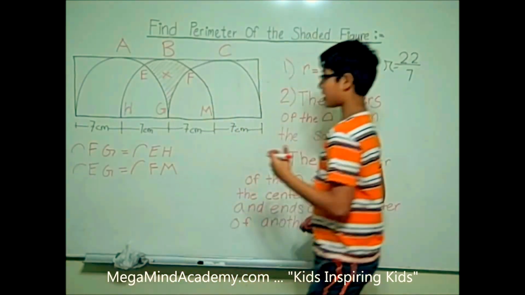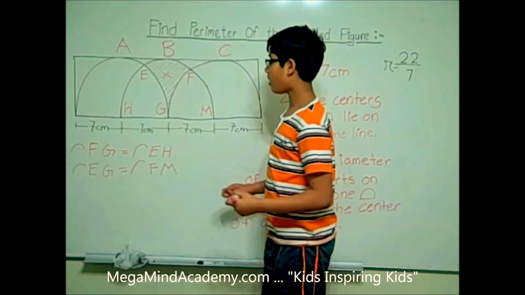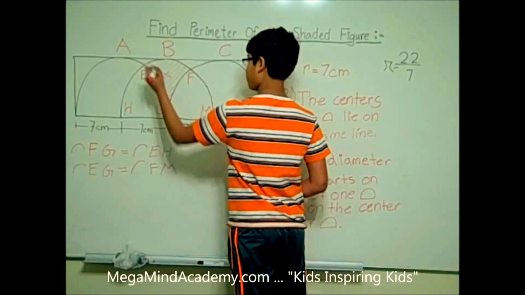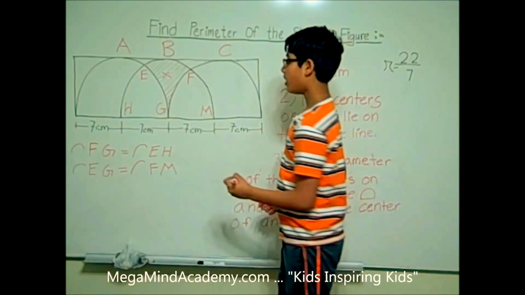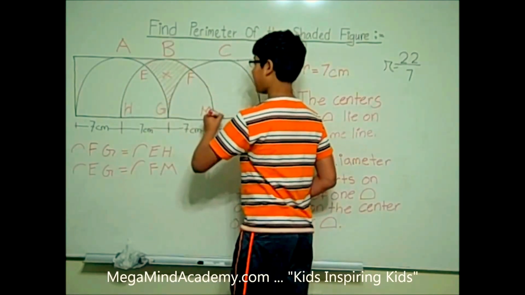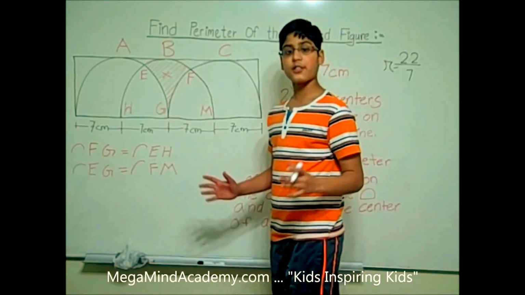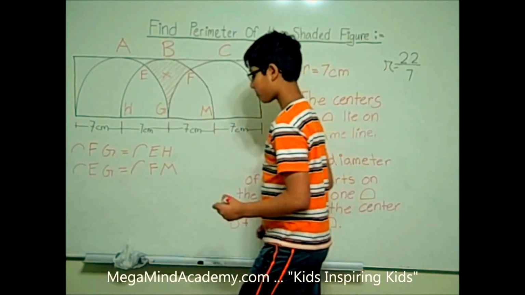So that means that the perimeter of the shaded portion X is also equal to the circumference of the semicircle B. Let's find the circumference of the semicircle B.